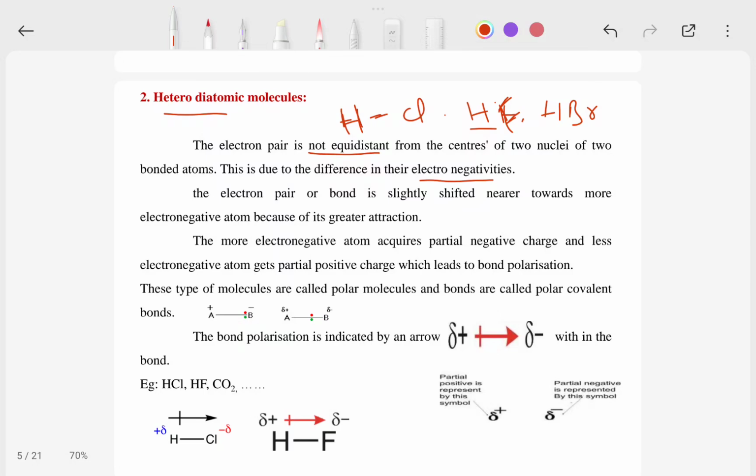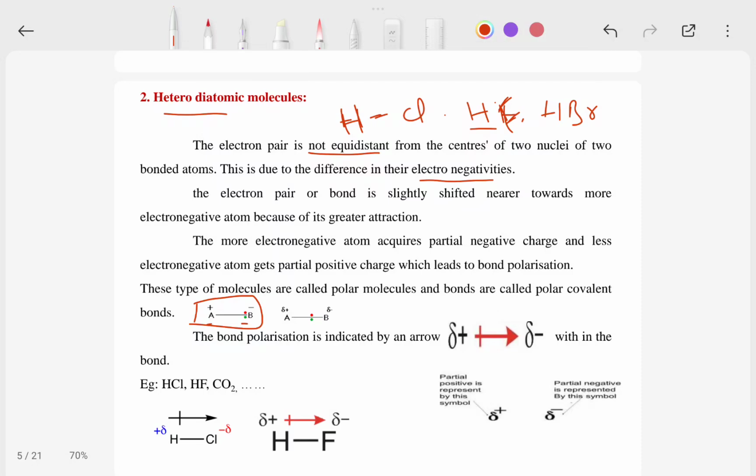The electron pair or the bond is slightly shifted or slightly nearer towards the more electronegative atom because of the greater electronegativity or greater attraction. For example, if you take A and B, here A has less electronegativity and B has more electronegativity.